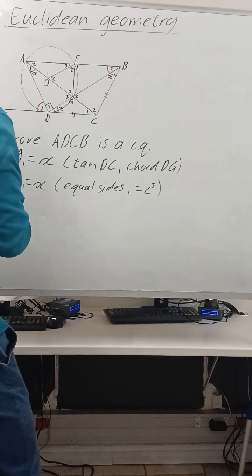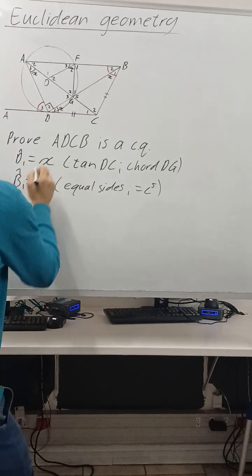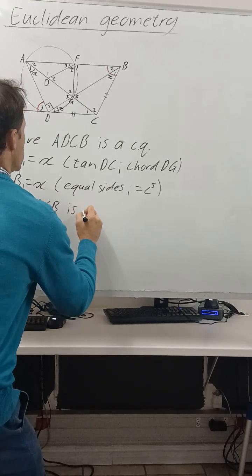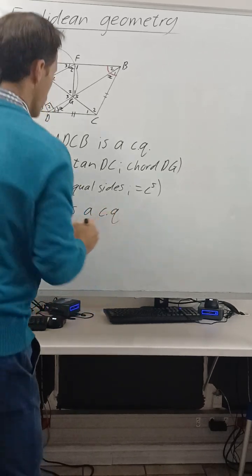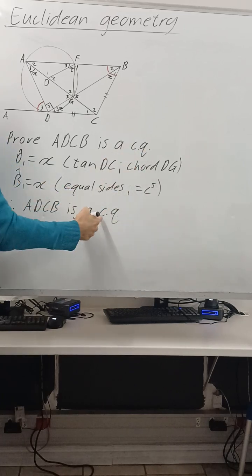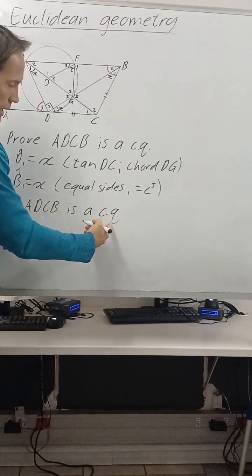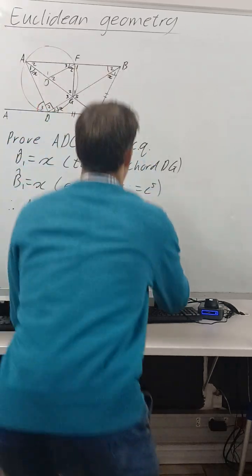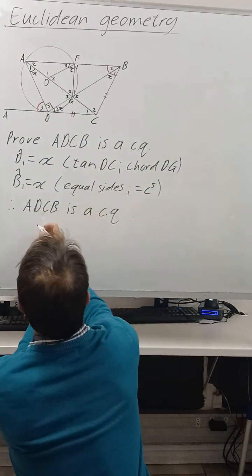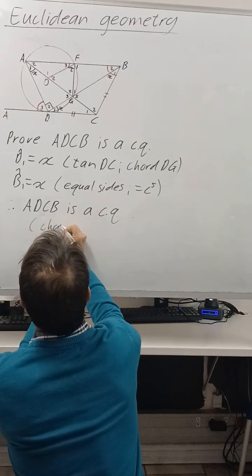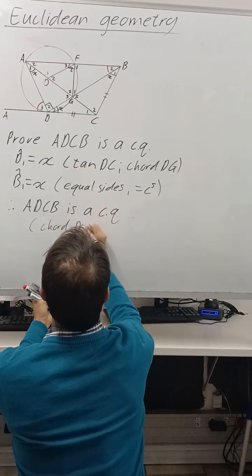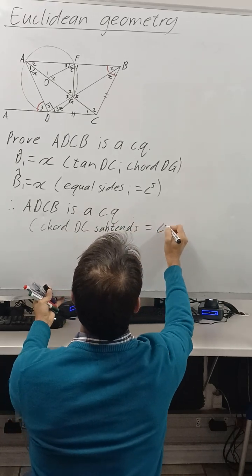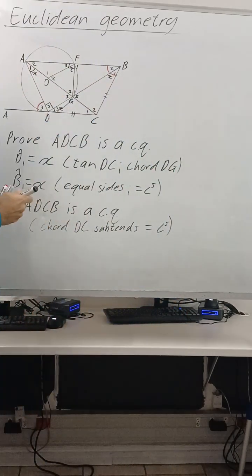So therefore we can say that ADCB is a cyclic quadrilateral, CQ for cyclic quadrilateral. And our reason for making our conclusion is because the chord subtends equal angles. Let's just write it here at the bottom: chord DC subtends equal angles.